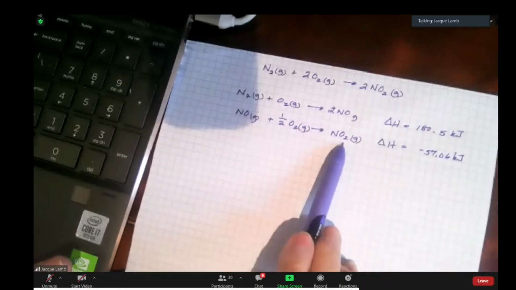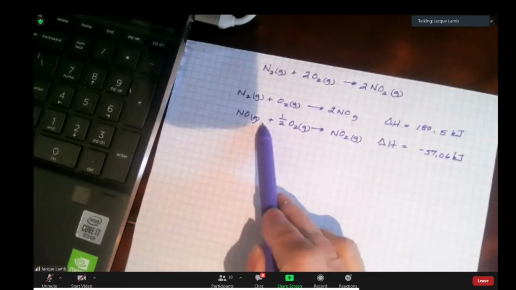We also have NO as a product here and NO as a reactant here. NO isn't in our final equation, but notice that they're on opposite sides of our arrows. Remember, we can think of our arrows as an equal sign. We can cancel like species on opposite sides.